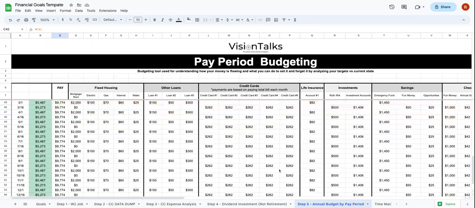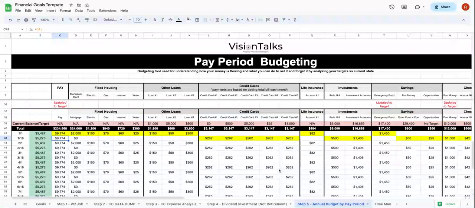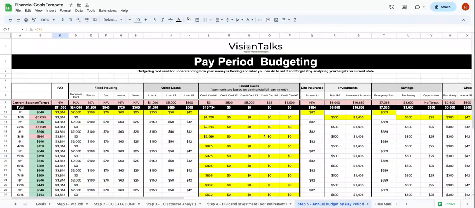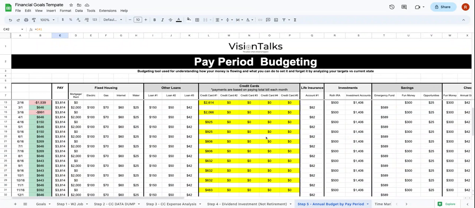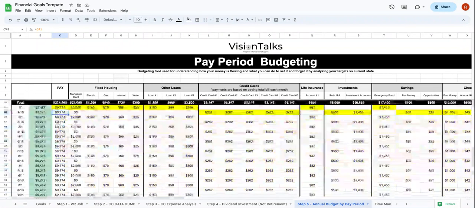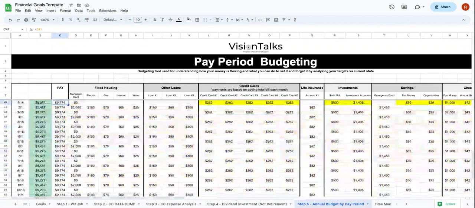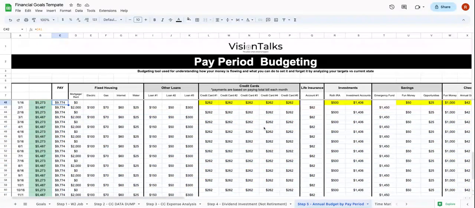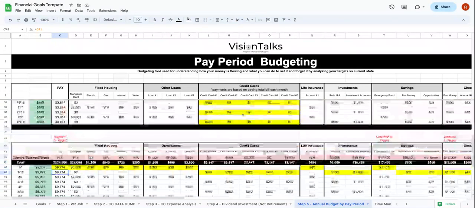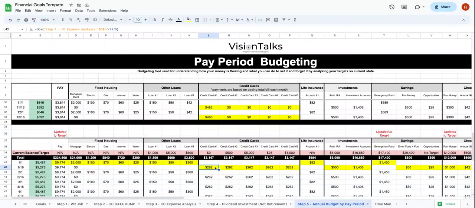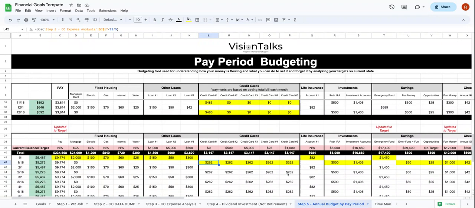So you can really think about here's how I have to move and groove based off what I'm making right now, what I can do, and then here's ideally the next year where I'm going to be. And maybe next year you're actually going to do this a little bit different. This is just an average based on the total year. This is something you can potentially get rid of.